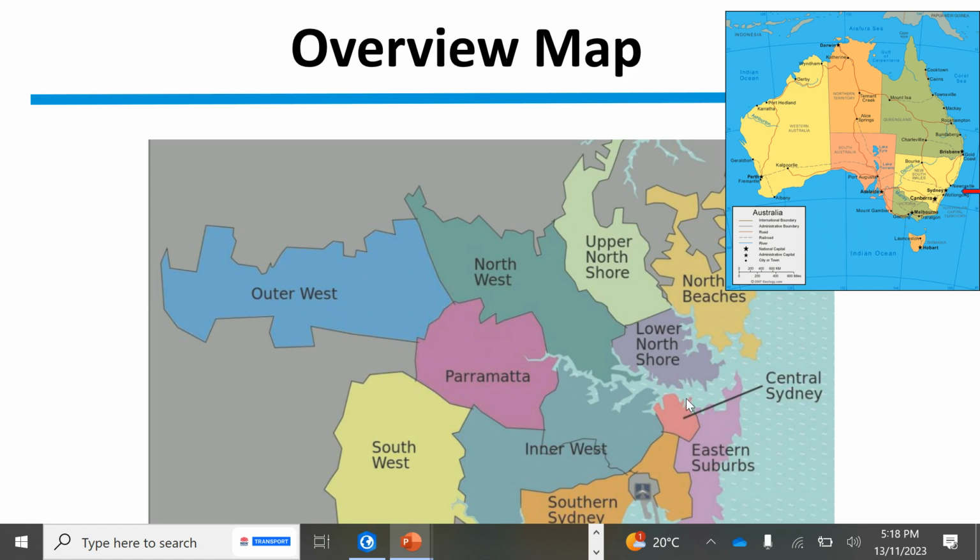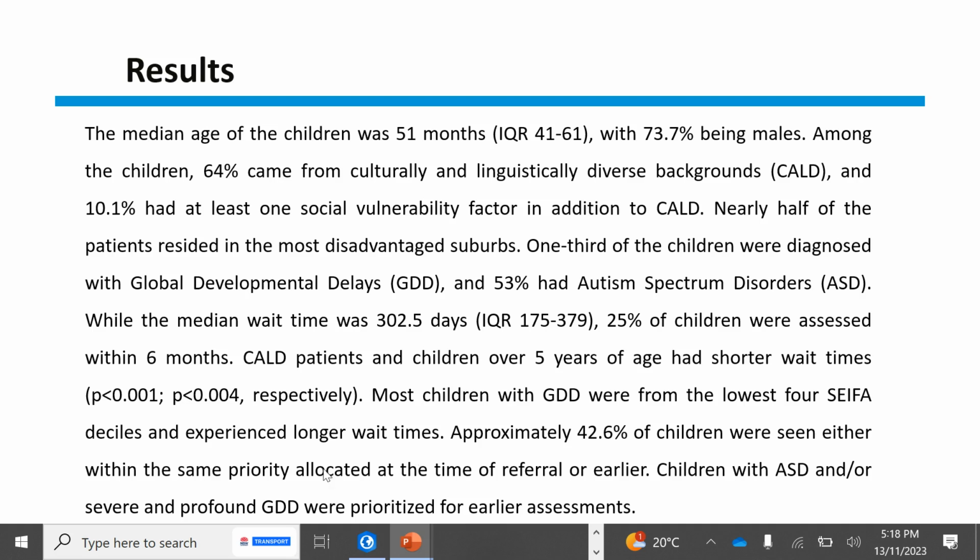This is Sydney CBD around here, which is also where the famous Opera House and the harbour are. Our area of study spans all of Sydney, but in particular we had a lot of focus on what we think needs more attention, the southwest and outer west areas, including Parramatta. So that's a bit of geographical context.